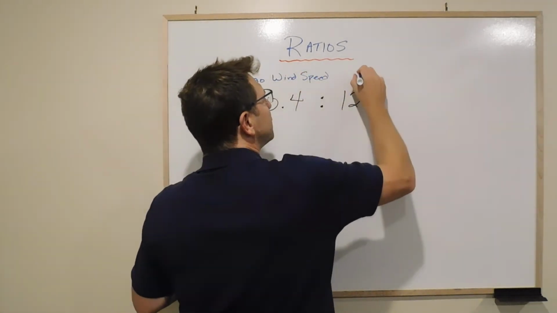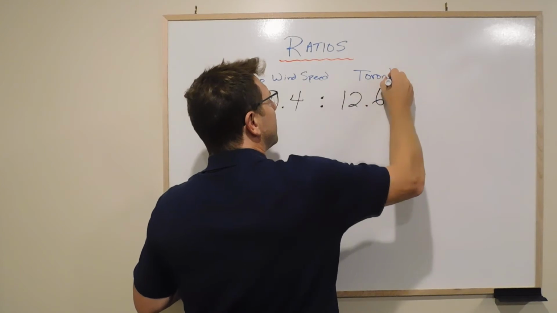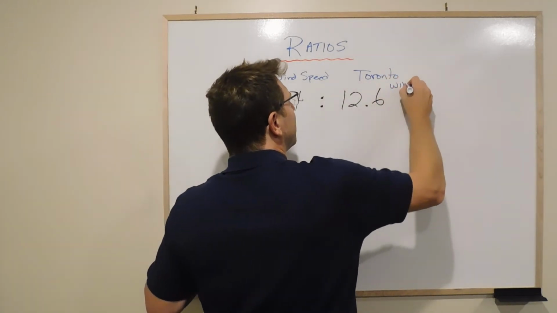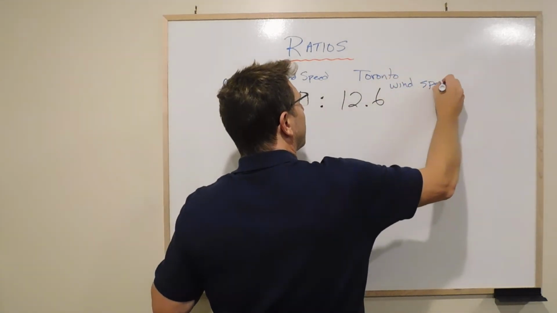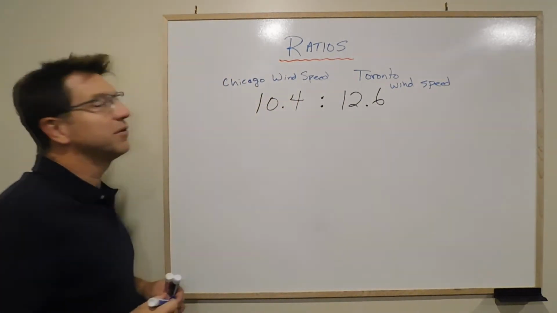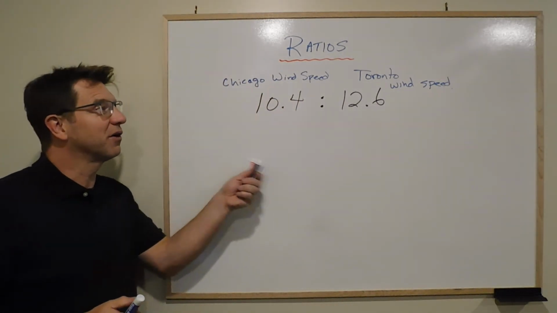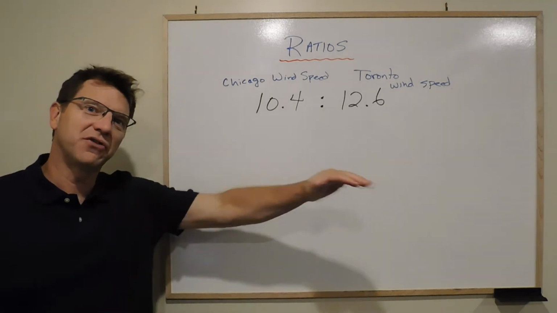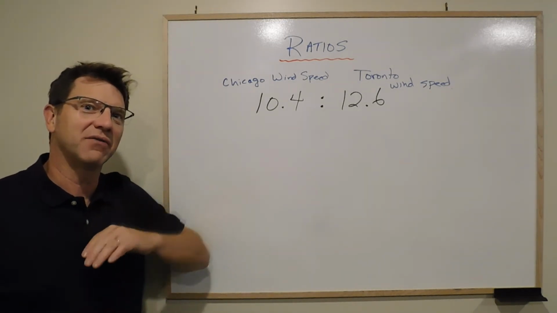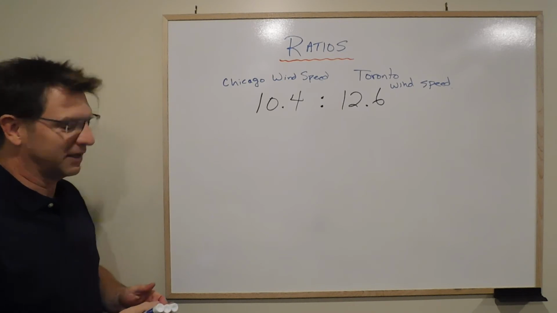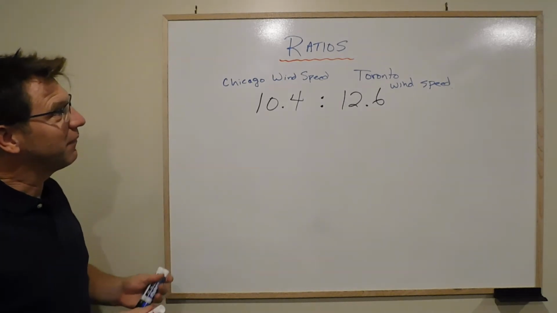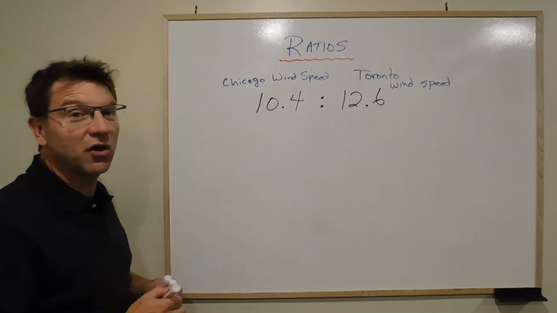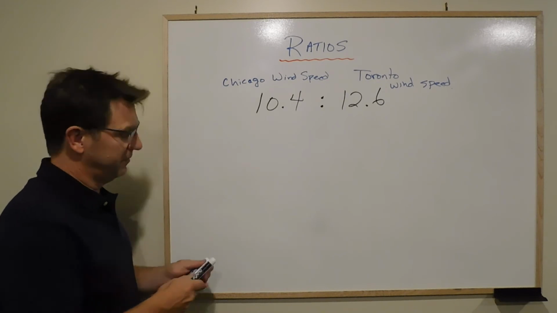And here's the Toronto wind speed. Okay? For those of you in our area, Chicago and Toronto, even though one's in the US and one's in Canada, are generally east-west of each other. They're not really that north and south. They're mainly east-west.